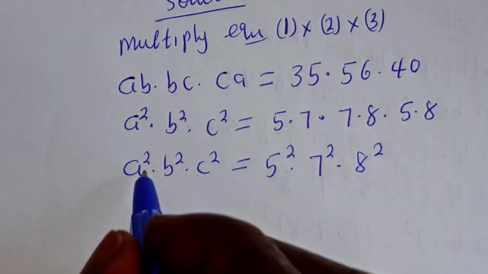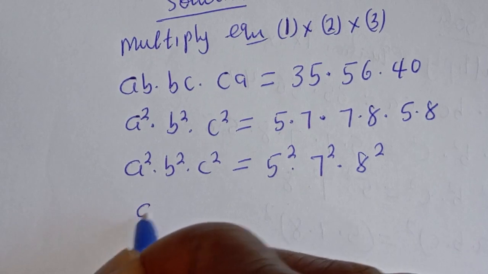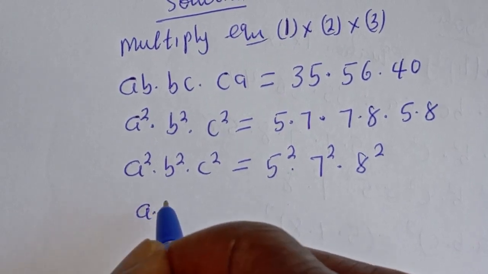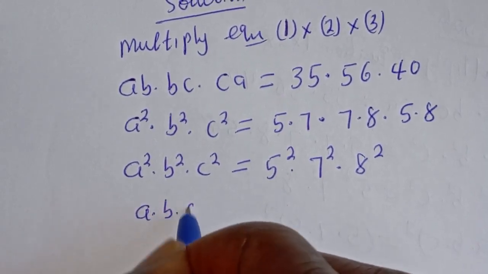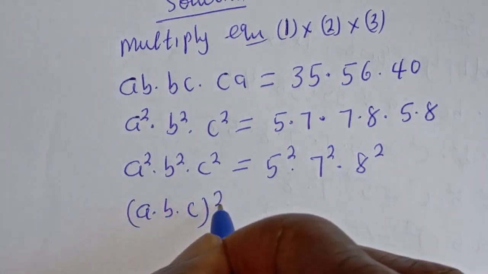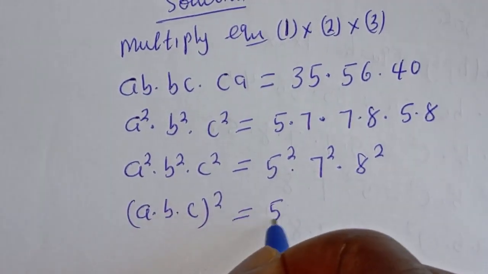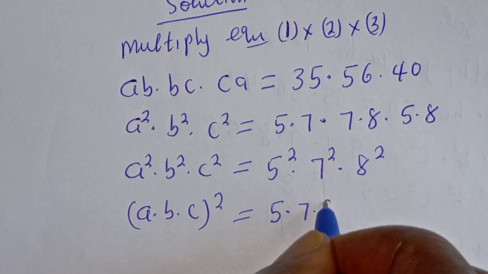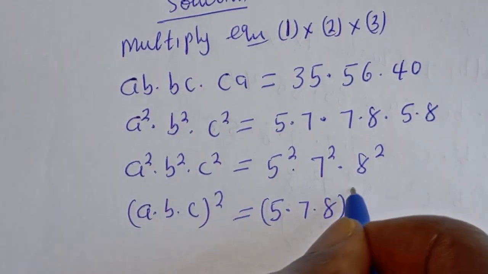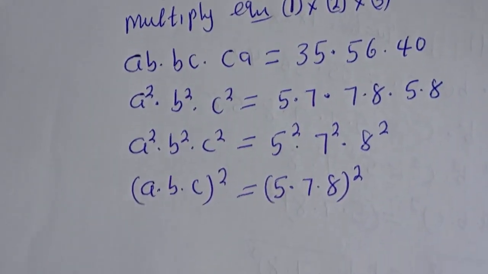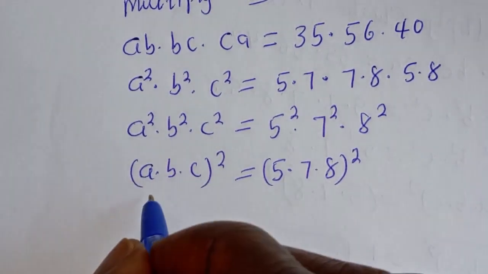Then this can be written as A multiplied by B multiplied by C all square is equal to 5 multiplied by 7 multiplied by 8 all square. Let's take the square root of both sides.